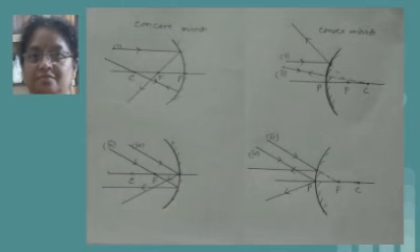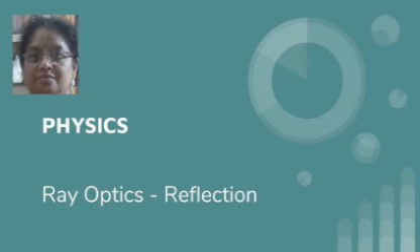Number two, the ray passing through or appearing to pass through the center of curvature of the mirror and retracing the path after reflection. Number three, the ray passing through or appearing to pass through the focus, which after reflection goes parallel to the principal axis. Number four, the ray incident at any angle at the pole is reflected back, making same angle at the pole in the same plane following law of reflection.